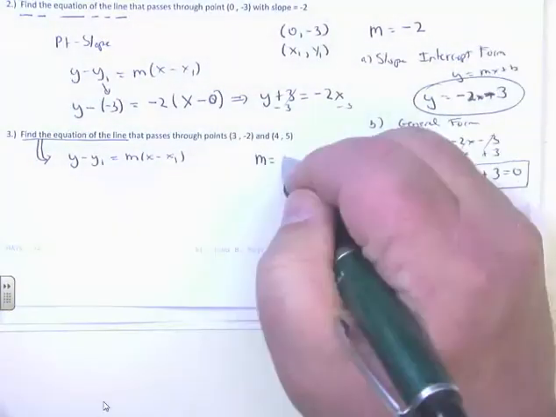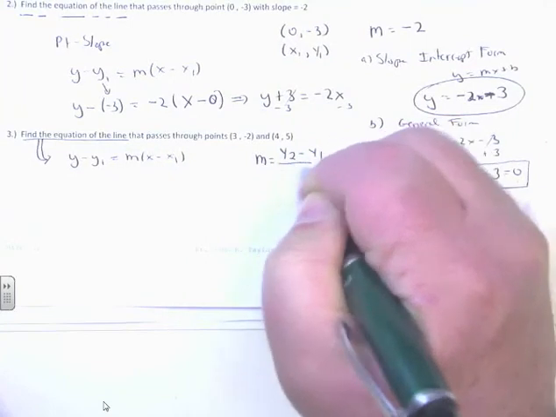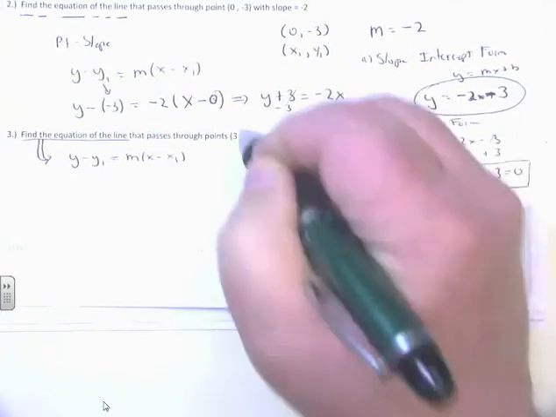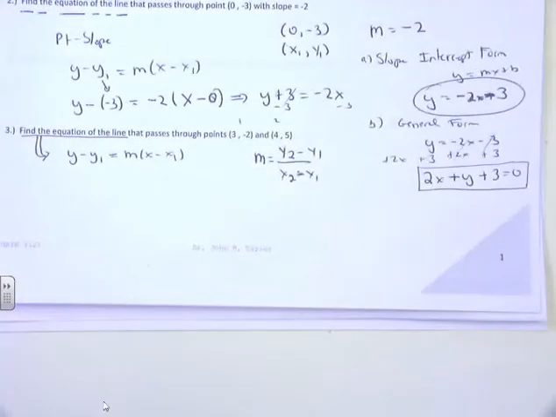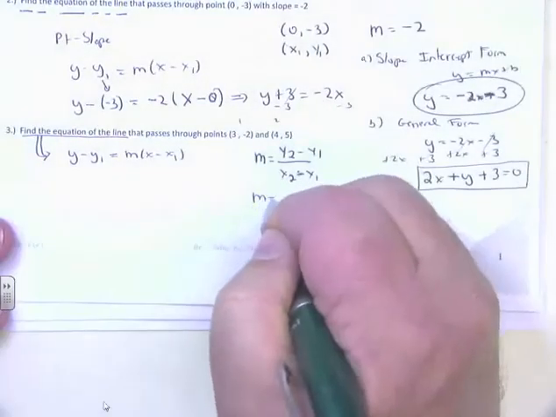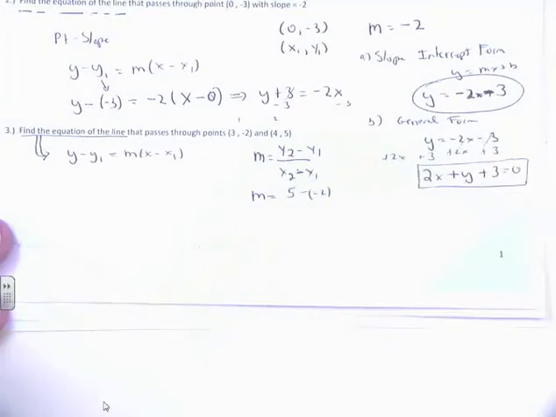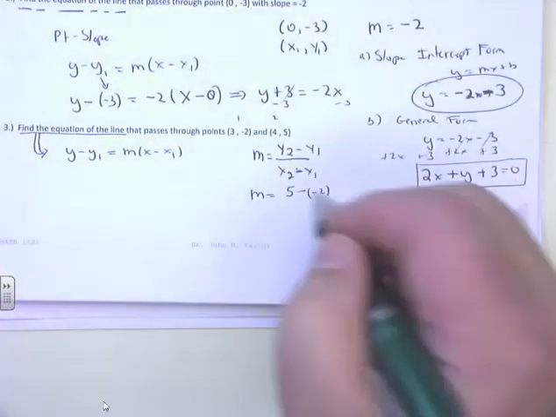I need a slope. Remember your slope formula, m equals y2 minus y1 over x2 minus x1. And I'm going to call this guy my first point, my second point here. So y2 would be 5 minus y1, which is -2, and watch your signs, because just a little losing of a sign someplace means you have to take this class over again.